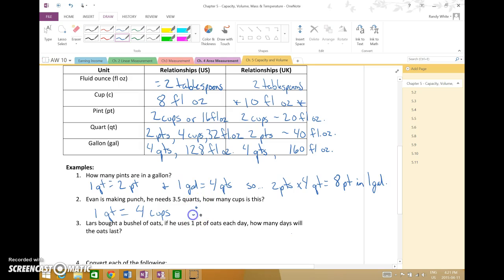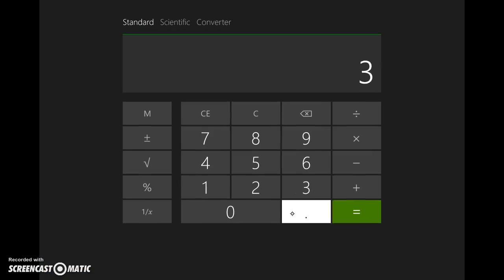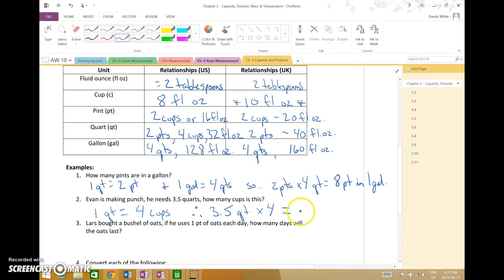So I'll take 3.5 quarts, times that by 4, to find out how many cups there are per quart, and 3.5 times 4 is 14. So that's going to be 14 cups.